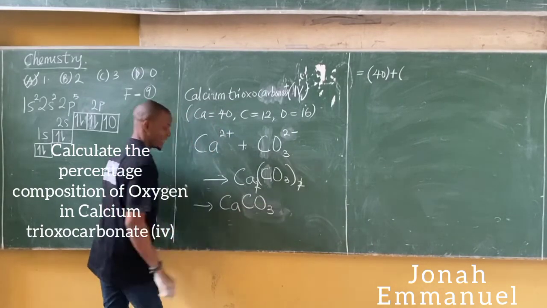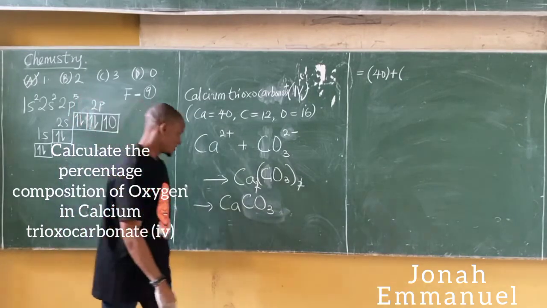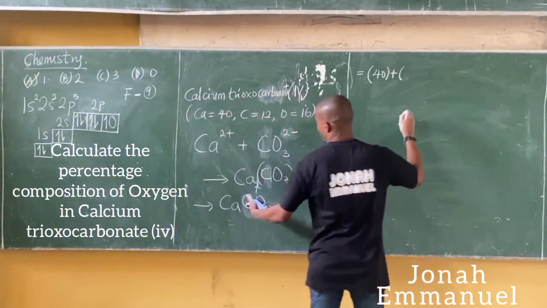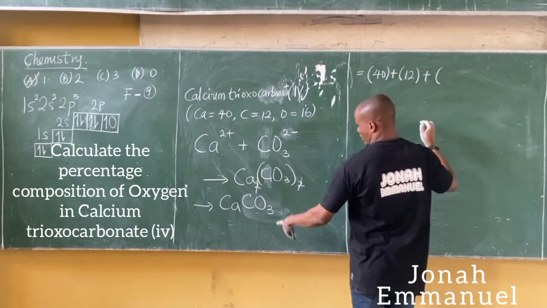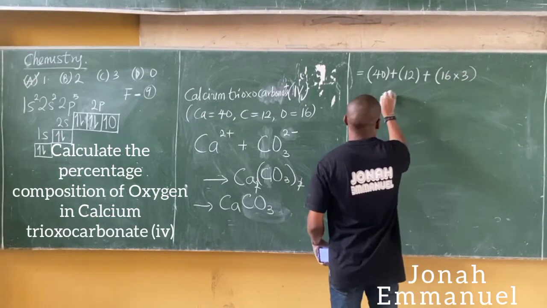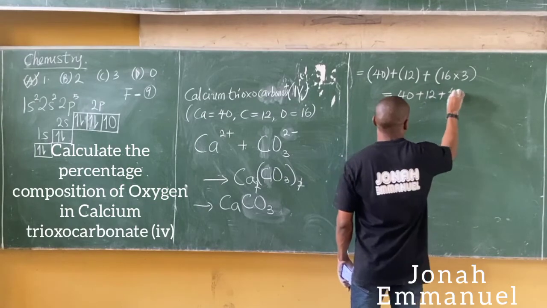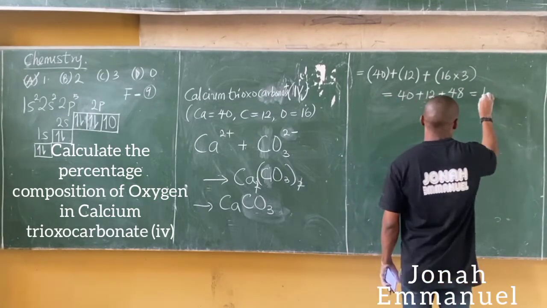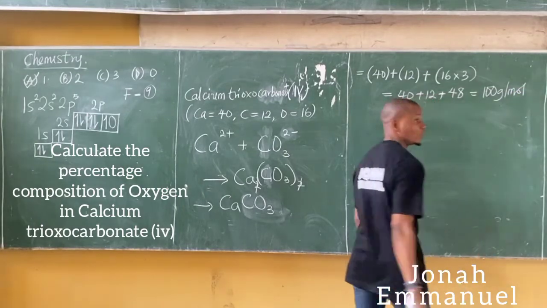That's what I give this compound, CaCO3. Carbon, how many there? 12 plus oxygen, 16 times 3. This will give you 40 plus 12 plus 48. In total, 100 grams per mole.